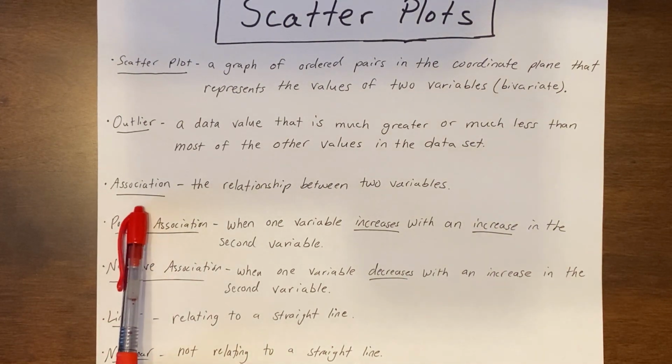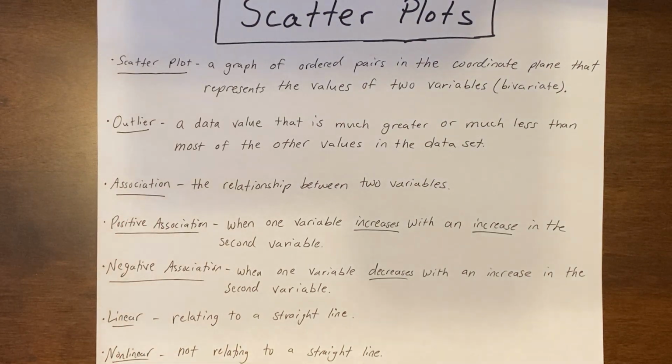Okay, moving on down. Association. Association is just the relationship between two variables. So we could have a positive association, which means when one variable increases, there is an increase in the second variable. Okay, so we're going to look at some sentences here in just a minute that give us two variables, and we'll decide, hey, if one of these goes up, will the other go up? Or if one goes down, will the other go down?